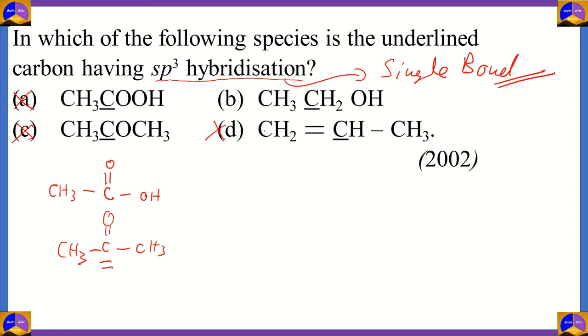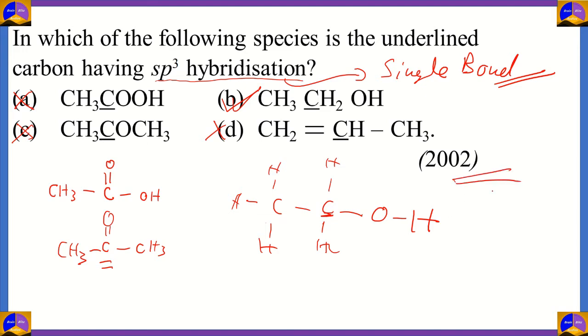The correct answer is option B, ethanol. In ethanol you have CH3, CH2, OH. As you can see, the second carbon has single bonds with all other elements, so option B is the correct option for this question asked in 2002.